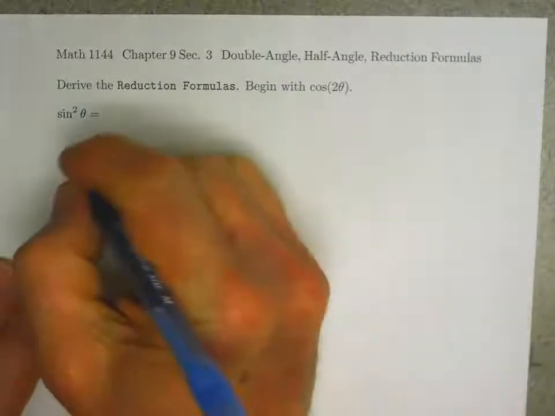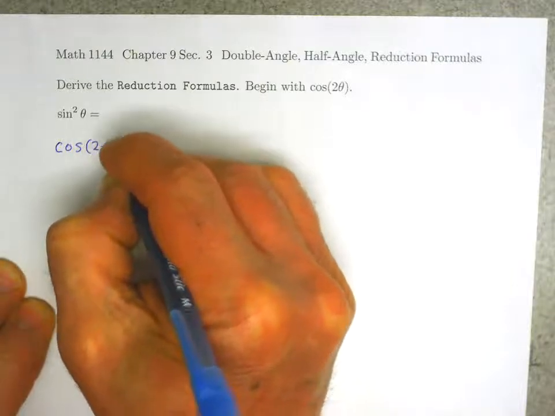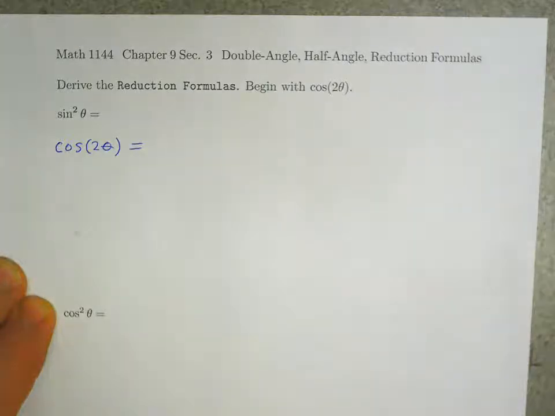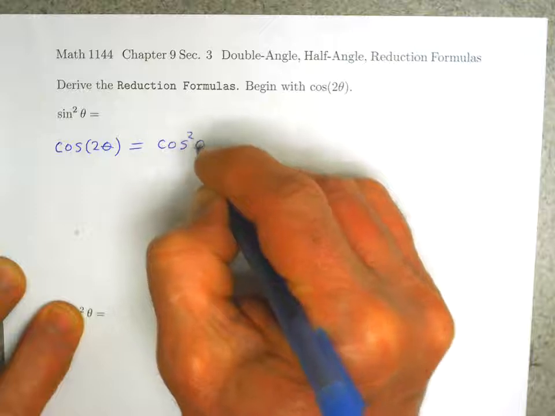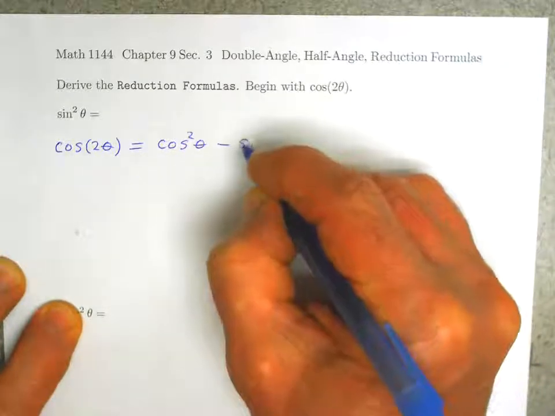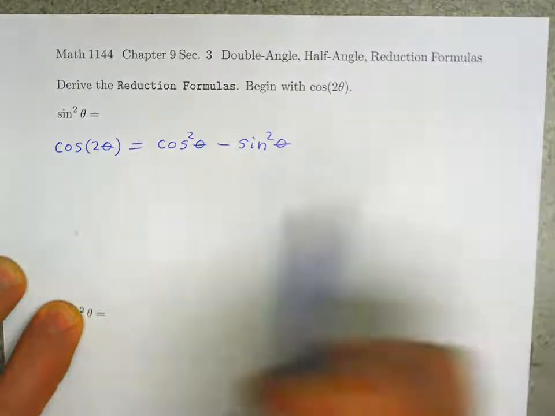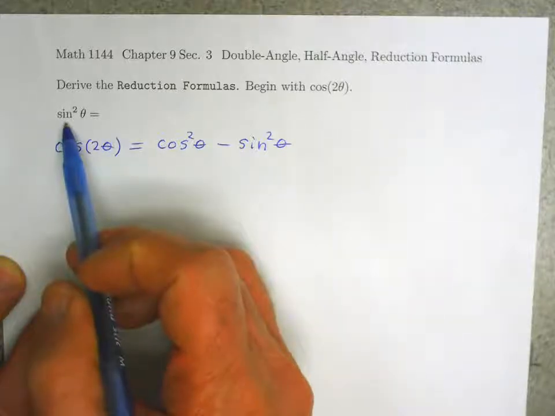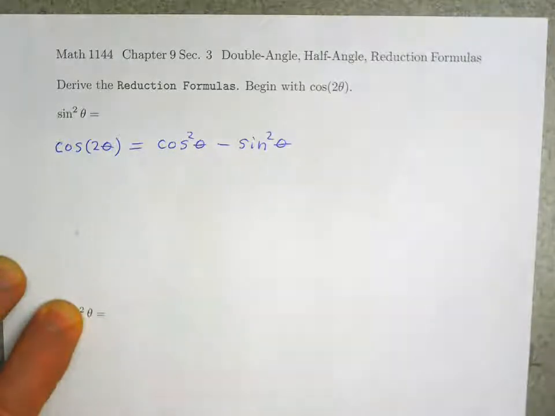Okay, so we're going to begin with cosine of 2 theta, which is cosine of theta plus theta. So this is cosine of theta squared minus sine of theta squared. But since we're trying to come up with a formula for sine of theta squared, we're going to replace cosine of theta squared with 1 minus sine of theta squared.